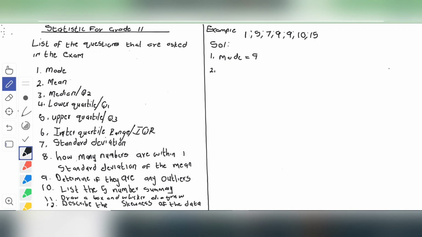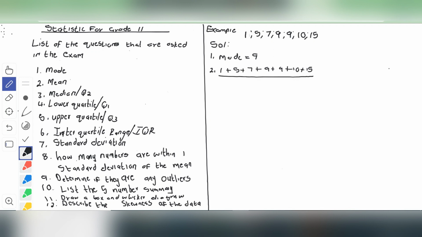Number 2, we come to the mean. How do we calculate the mean? To calculate the mean, you add all your data set, meaning you add 1 plus 5 plus 7 plus 9 plus 9 plus 10 plus 15, then divide everything by what?